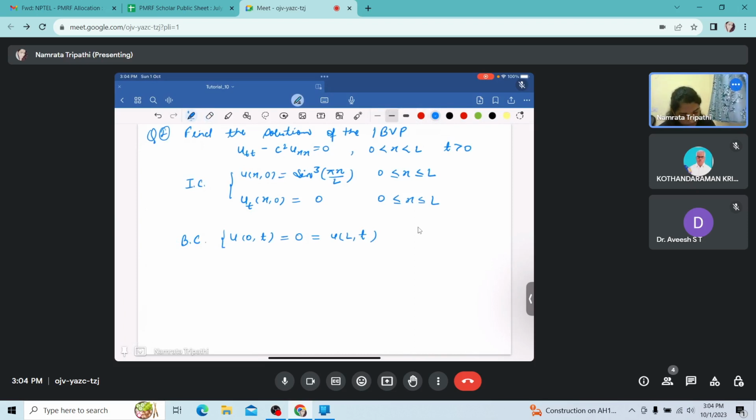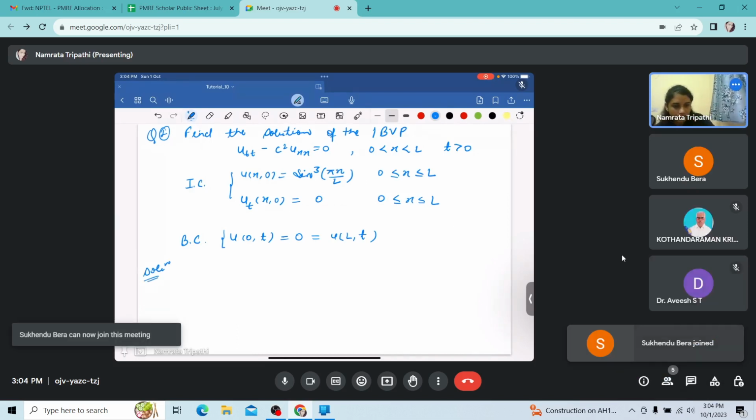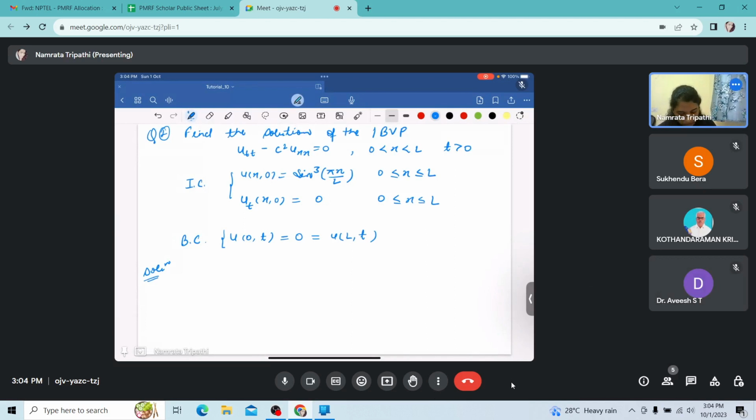Now, for this type of problem, when x is bounded, then we will use the solution from the variable separable method.